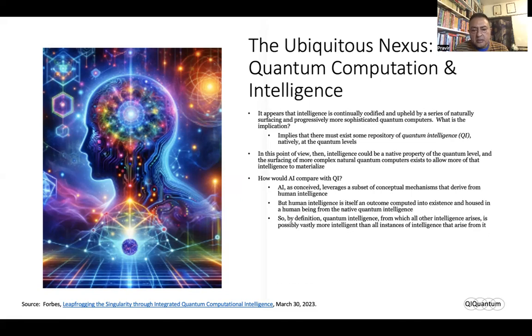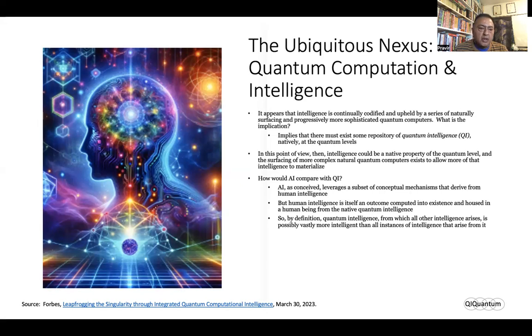AI is conceived to leverage a subset of conceptual mechanisms that derive from human intelligence. However, due to the huge processing power and the large data, we see extraordinary applications of it. But the fact remains that human intelligence can be thought of as an outcome computed into existence and housed in a human being, based on this native quantum intelligence.